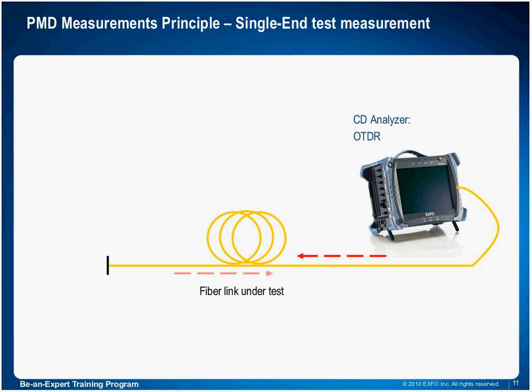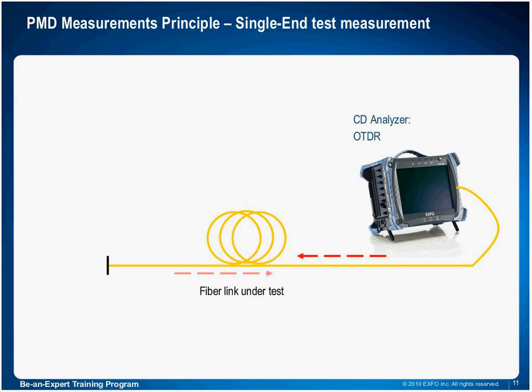The CD analyzer is going to be using OTDR technology, so it's going to be using reflectometry technology. It's going to be sending out light pulses into the fiber, and it's going to be measuring the different levels of reflection that occur in the fiber. On top of that, the single-ended test measurement unit is going to use carefully selected pairs of wavelengths, and it's going to compare the dispersion values for each of these individual pairs of wavelengths.